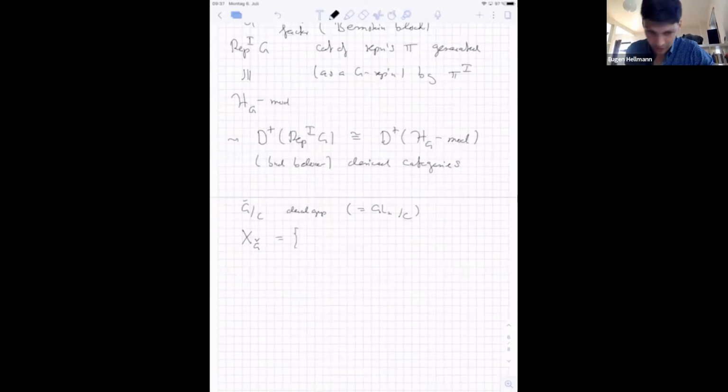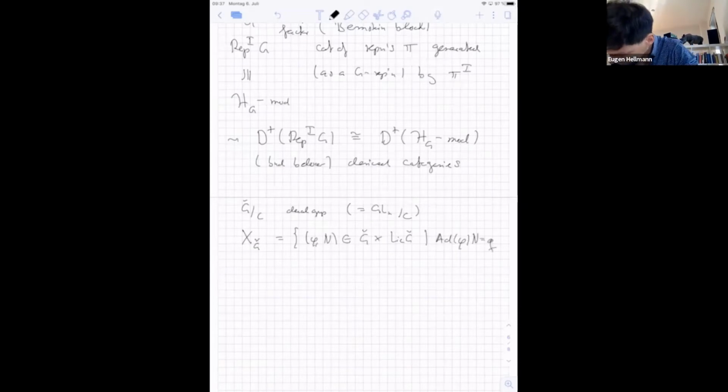And so I want to consider all pairs (phi, N) in G-check times its Lie algebra, such that the defining equation from above holds. So phi acts on N via the adjoint representation by multiplying it with q to the minus 1.